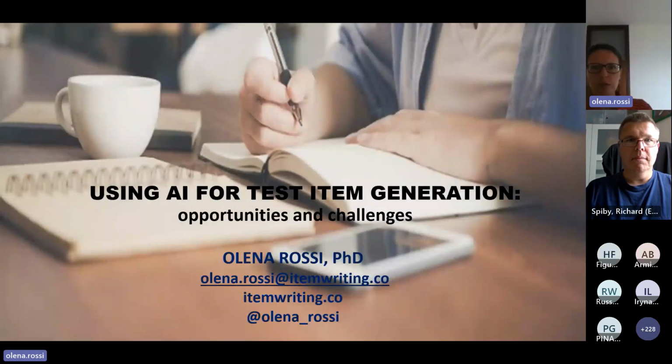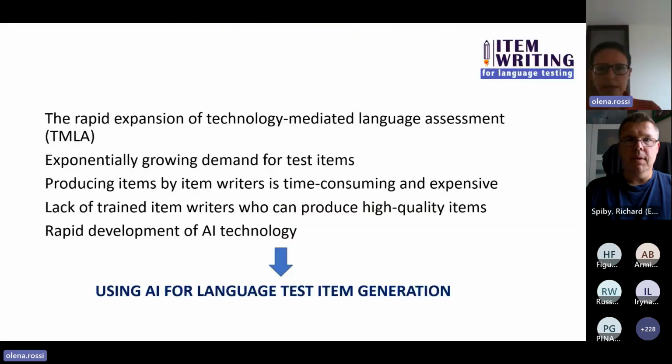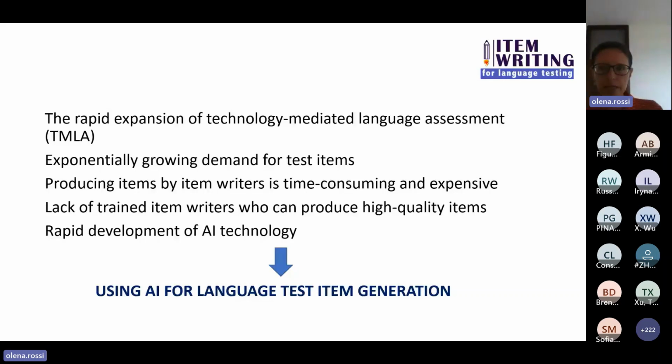Using technology for language testing is not new. In recent years, however, partly due to COVID and partly due to the advances in technology overall, we've seen a rapid expansion of technology-mediated language assessment. What followed was an exponentially growing demand for test items. We all know that producing items by human item writers is time-consuming and also expensive.